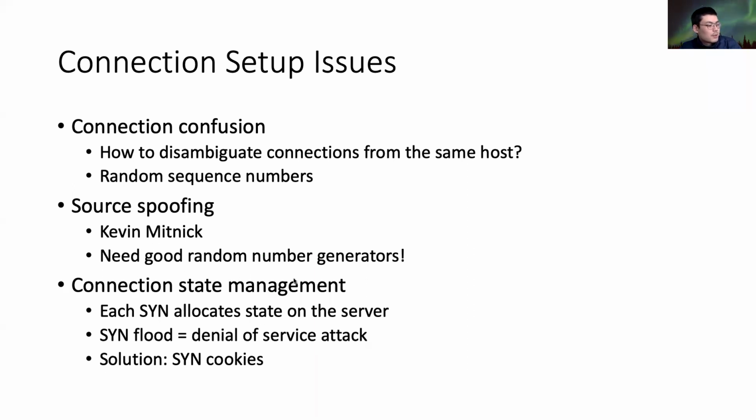Even if you start with random numbers, this is connection setup, and there's no relation with the sequence number anymore. Even doing this, you are in trouble, because you cannot ban that attacker, since there are so many bots. There's a botnet attacking, but you still want to avoid that.